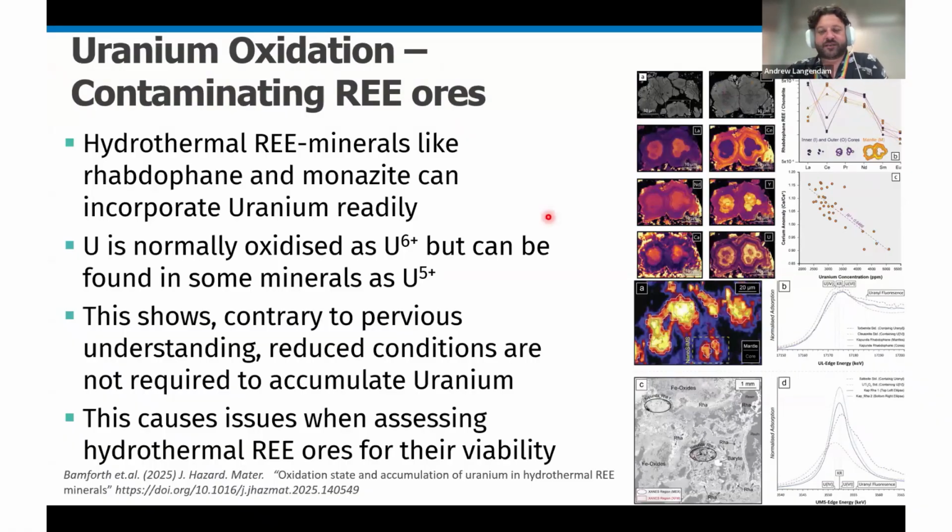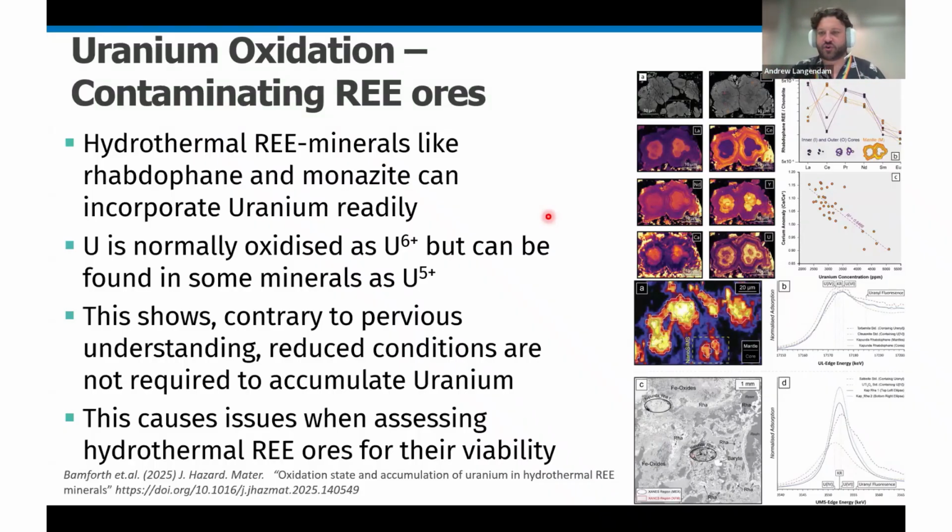More recently, we've had some people work on uranium XANES at XFM, looking at understanding hydrothermal rare earth element minerals, which can be contaminated by uranium. So normally the general consensus has been that within hydrothermal systems, uranium will deposit in phosphate minerals like monazite and rhabdophane as a reduced uranium form.